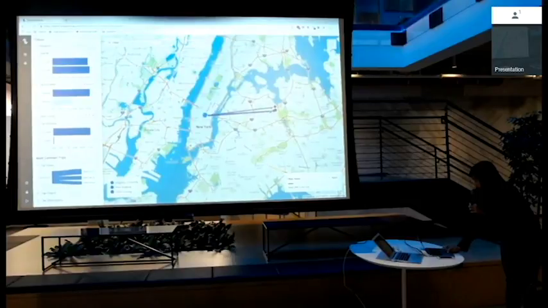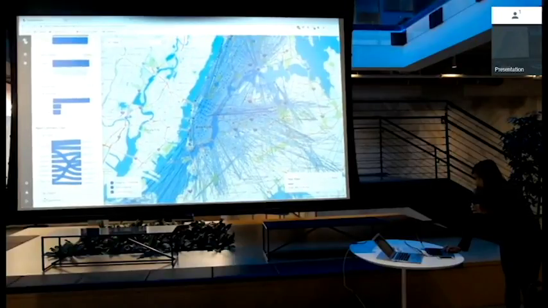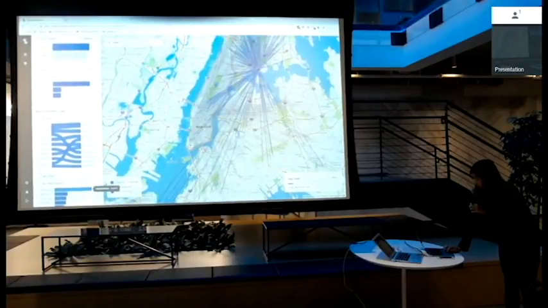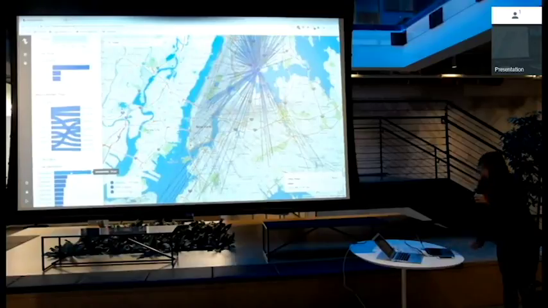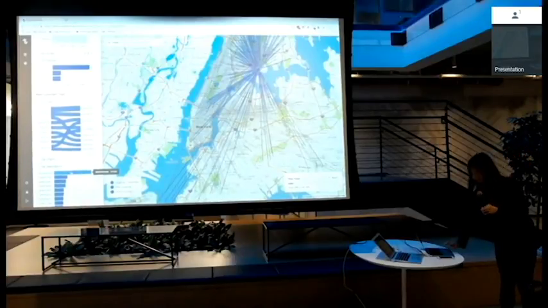Interestingly, if I now remove it, something else I found is that if I look at top destinations, this pops up, and it is South Bronx. So a lot of people are going to South Bronx in that area, maybe to work as well. Hunts Point, sorry.